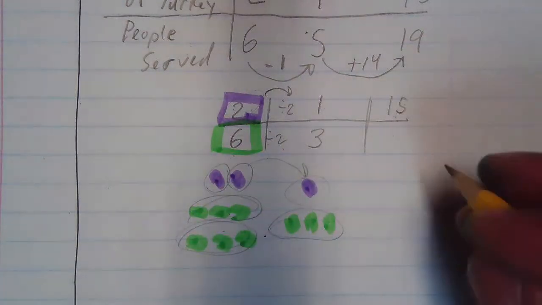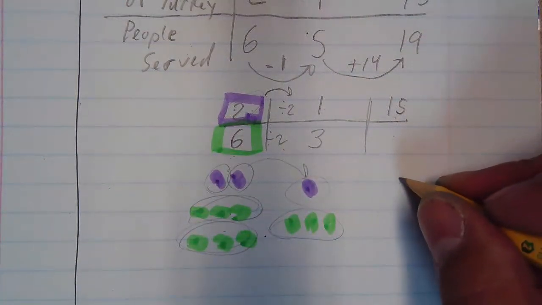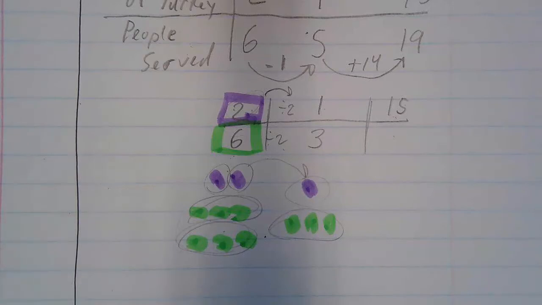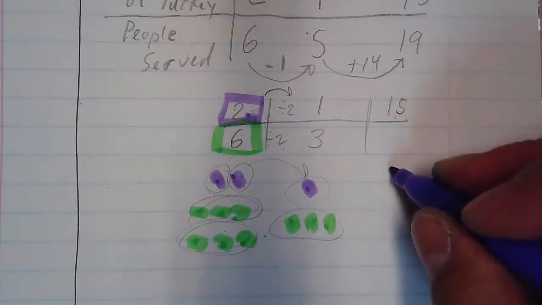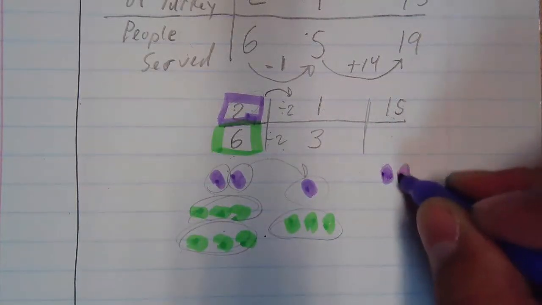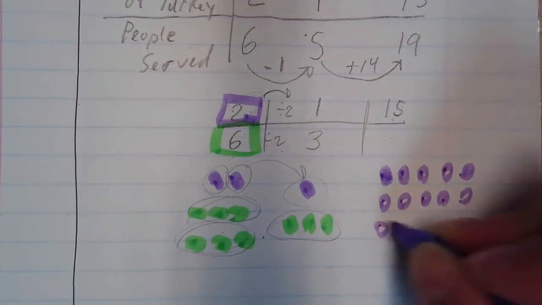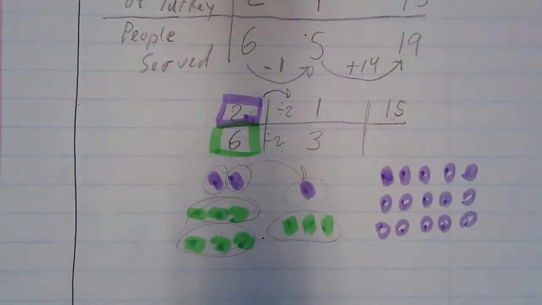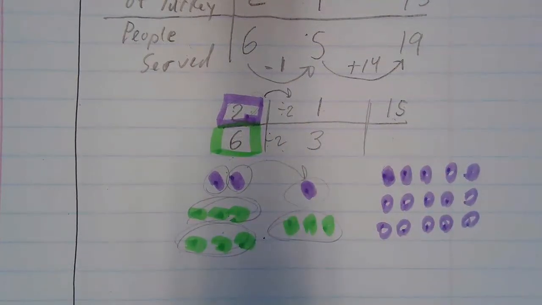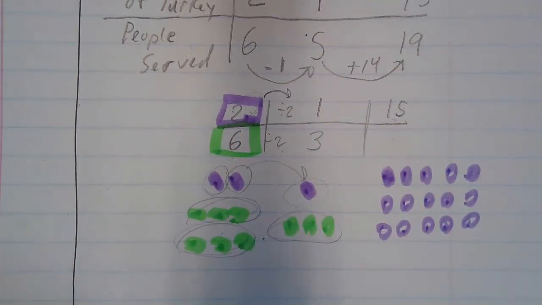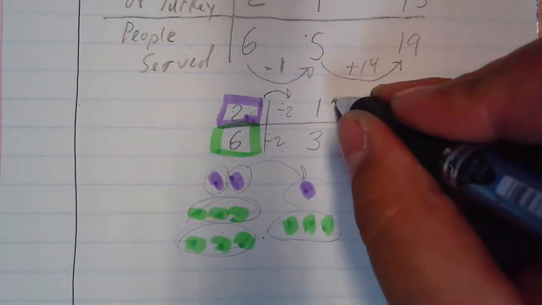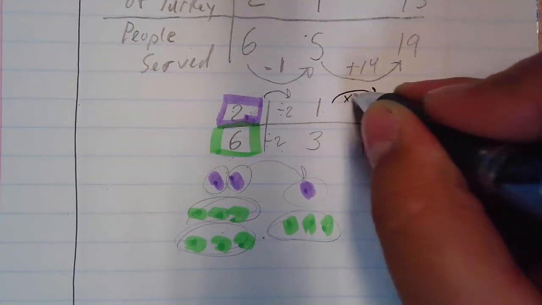Right? But now I want 15. Oof. I want 15. There's my 15 pounds of turkey. I went from 1 to 15. I scaled up. And if you scale up, you're going to use multiplication.